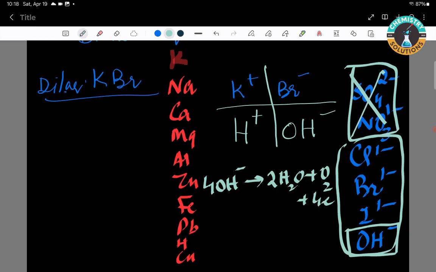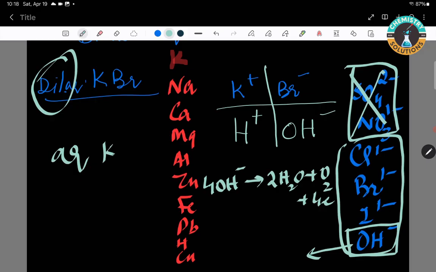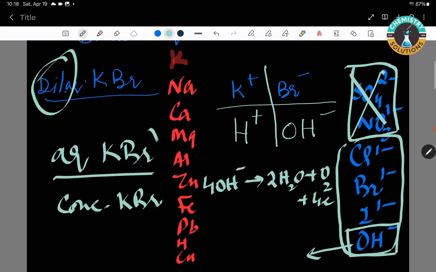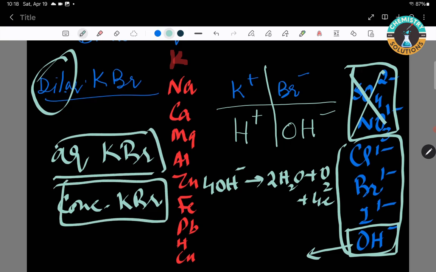If the word dilute comes, we use this. But if only aqueous potassium bromide is there, or the word concentrated potassium bromide is used, then we will not write the hydroxide ion. Instead we will use the bromide ion when concentrated is there.